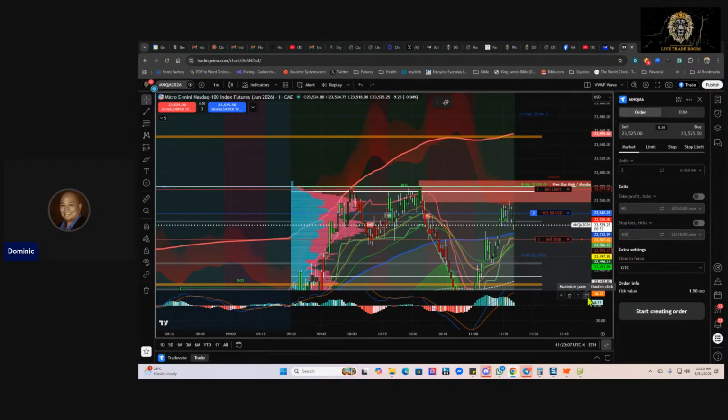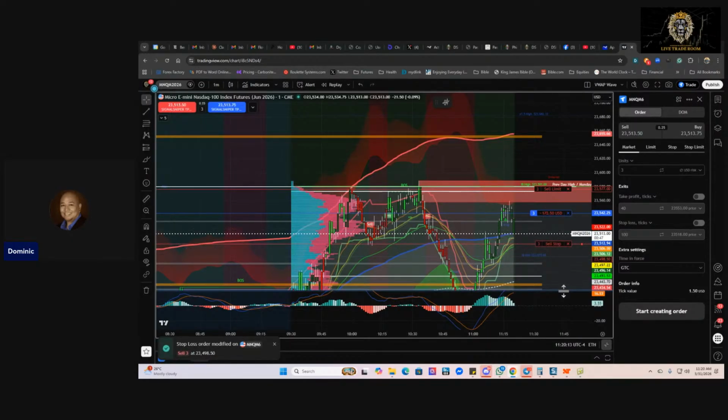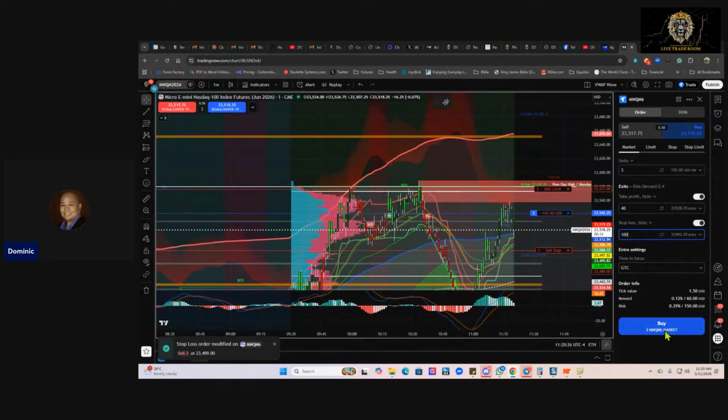Let's see, it's going to bounce off here. There's the moving average. Let's see, it's going to bounce off. How many seconds we have on here? 30 seconds. Come down further.